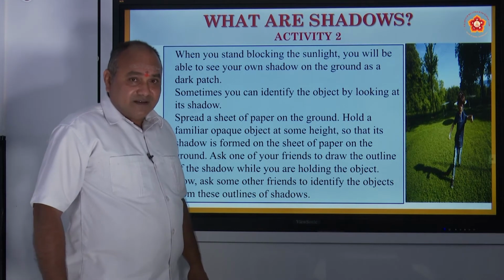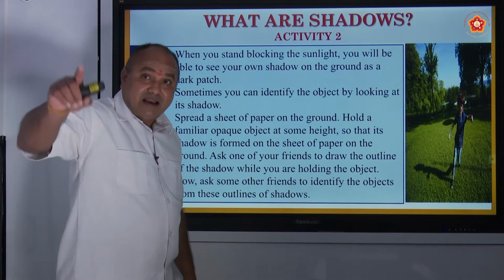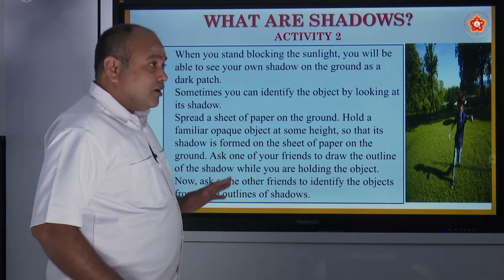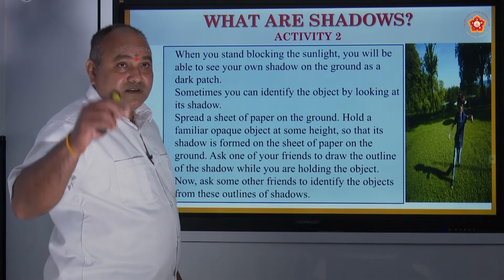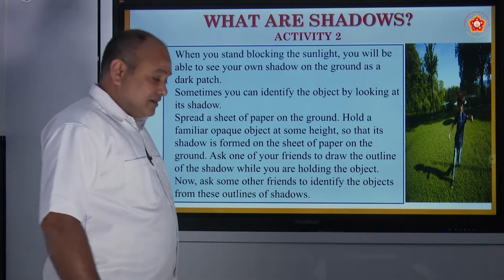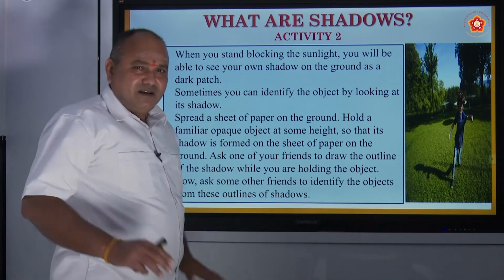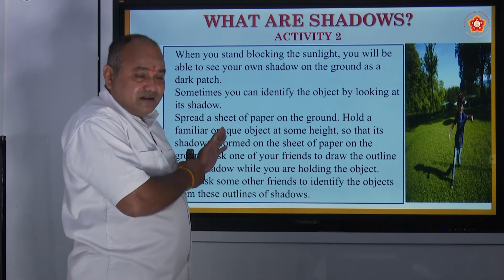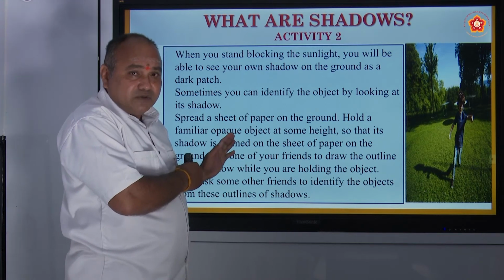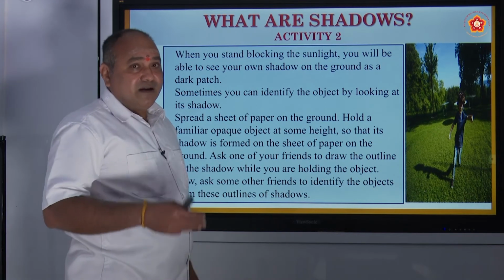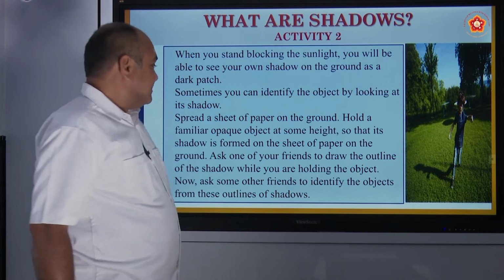Isn't it correct? Sometimes you are in a room, suddenly you switch on the light or a candle light. If you stand, you can see your image formation. By looking at that shadow, you can make out it is a person, right?